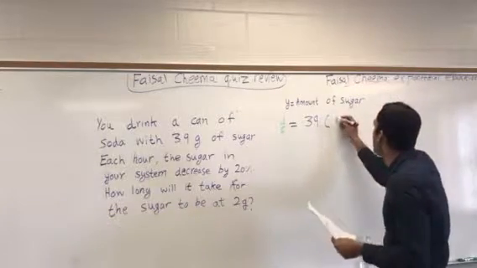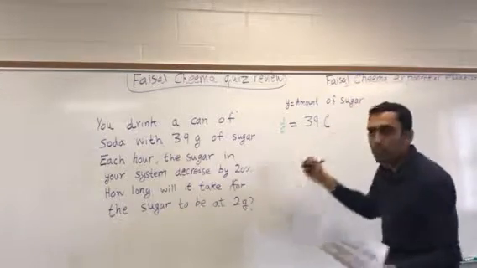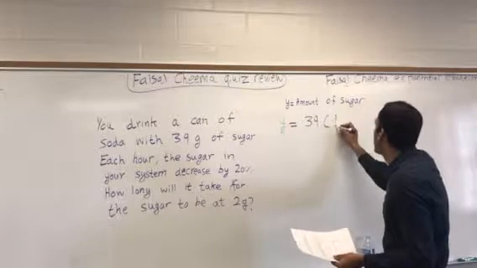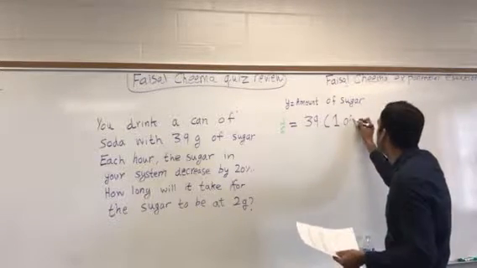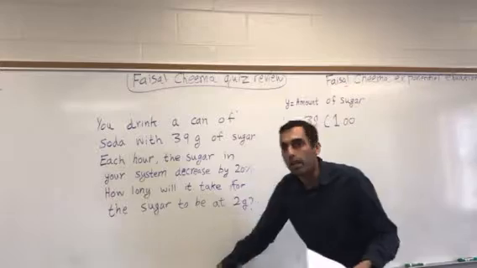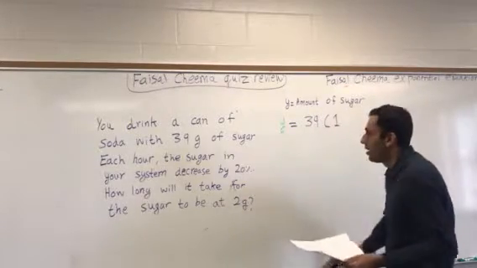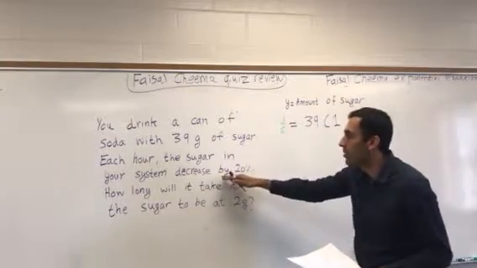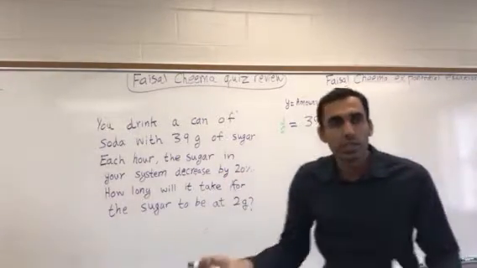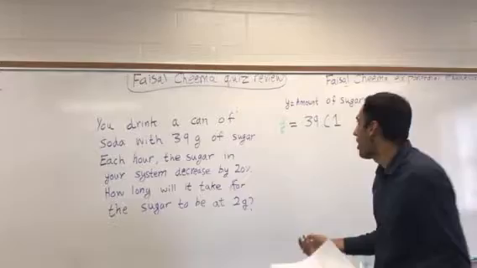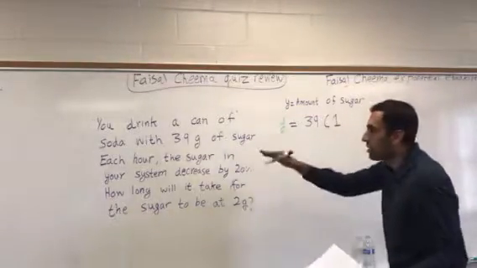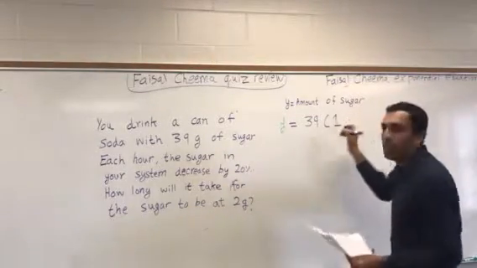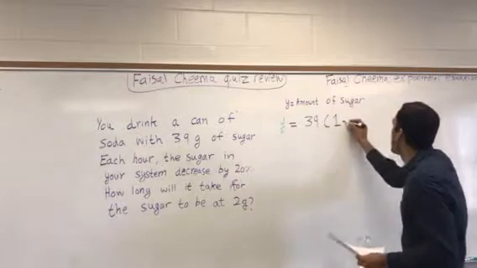So it's at 100%. And how do you change 100% into a decimal? You can write it as 1.00 or just 1. But thankfully, the sugar starts to decrease by 20% each hour. So the fact that sugar is decreasing, you will need a negative.